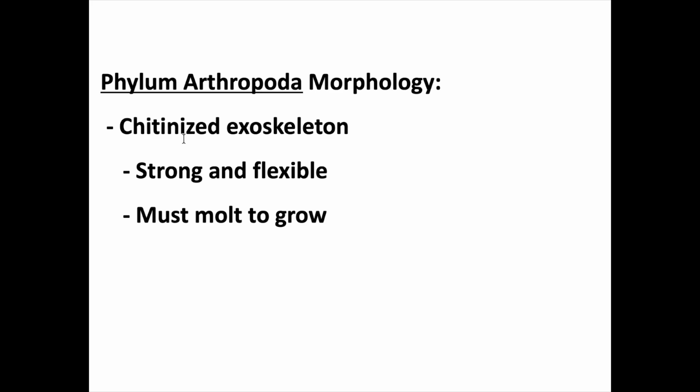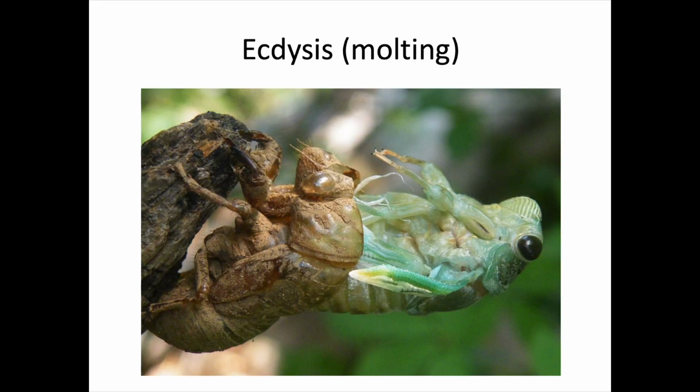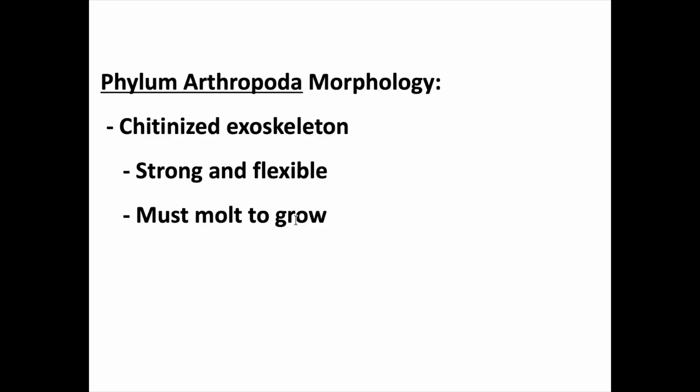They add this chitin chemical compound that makes it stronger and more flexible, and they still have to molt to grow. That's definitely a downside worth pointing out, but now they have a very robust, very strong, but still flexible exoskeleton strengthened with chitin.